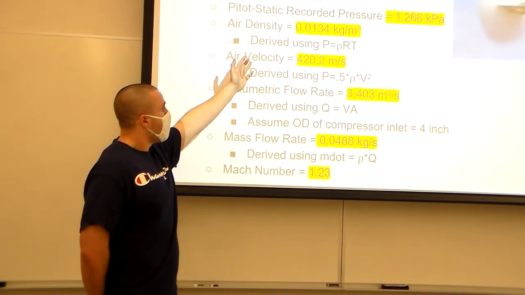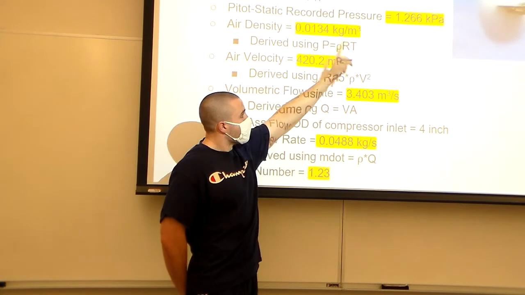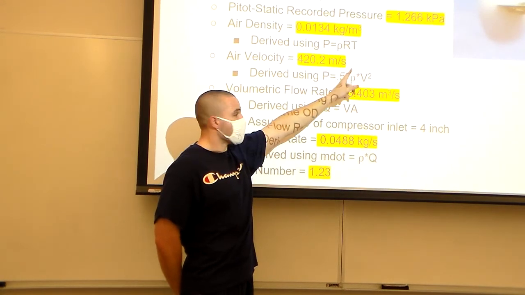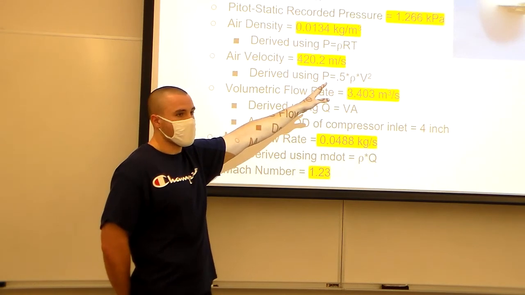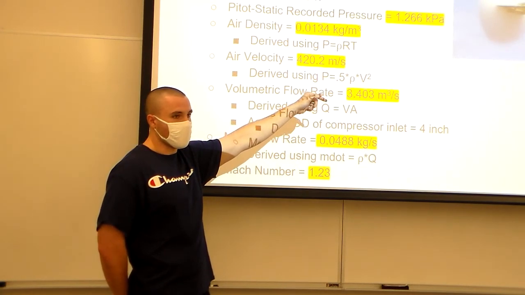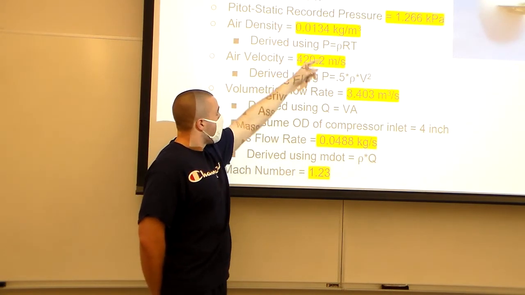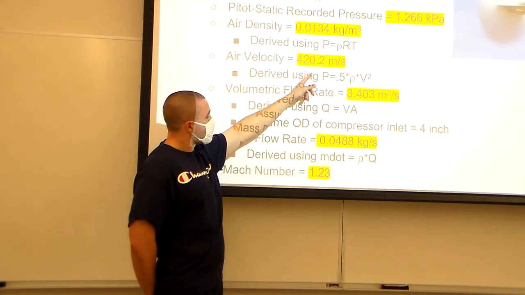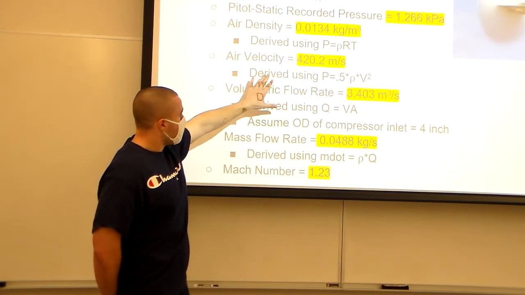I calculated the air density using this equation here, with the compressor inlet pressure and the compressor inlet temperature, as well as the universal gas constant, which I made sure I switched from moles to kilograms to get this air density. Then I used Bernoulli's relationship to reach this air velocity right here.